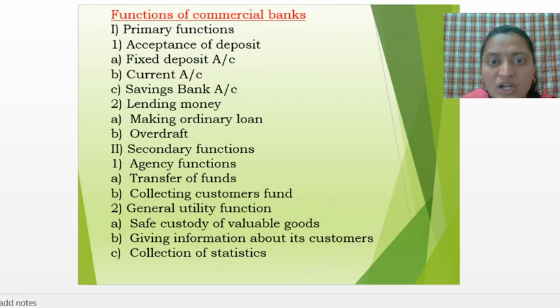Then giving information about its customers. Then collection of statistics, so statistical data or information about the bank can be provided to the customer. So these are the functions of the commercial banks.